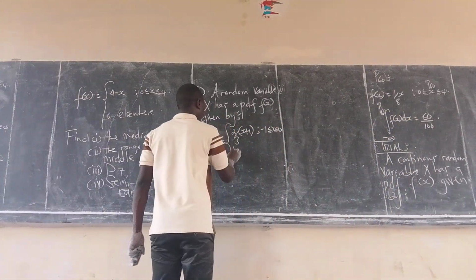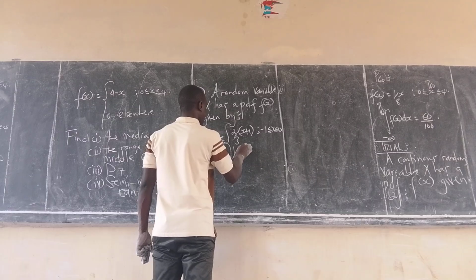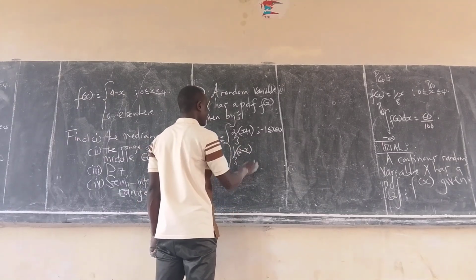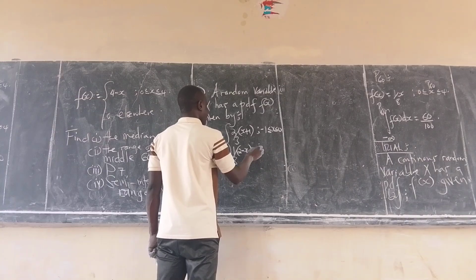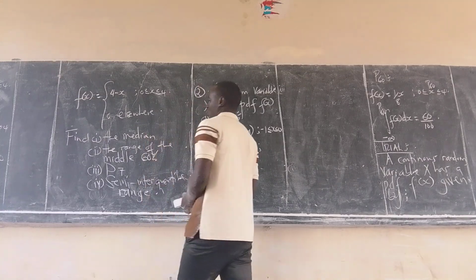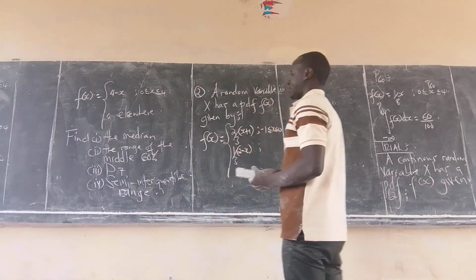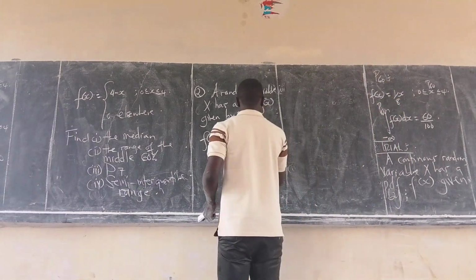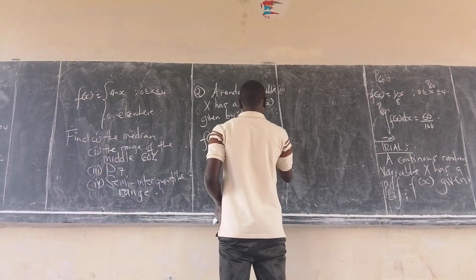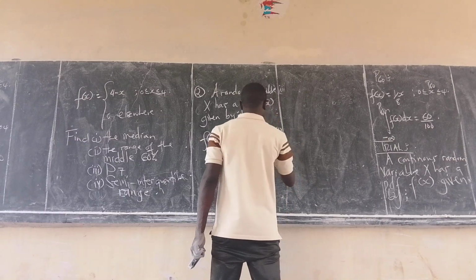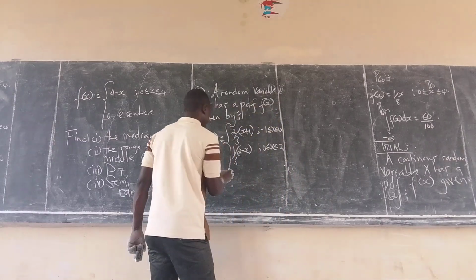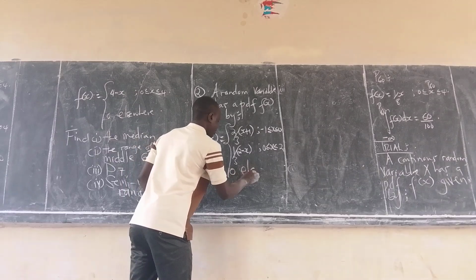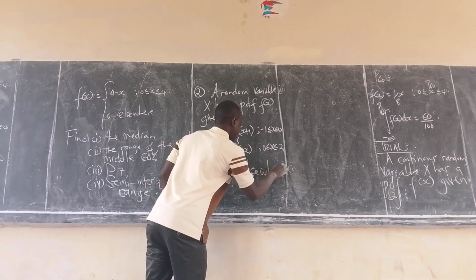Then it is a third into 2 minus x. That is when x lies between 0 and 2, and it is 0 elsewhere.